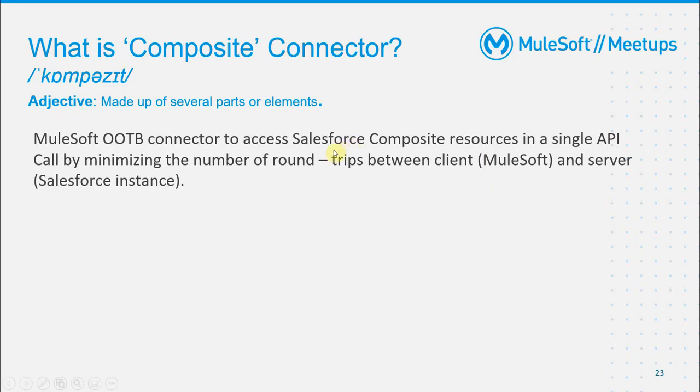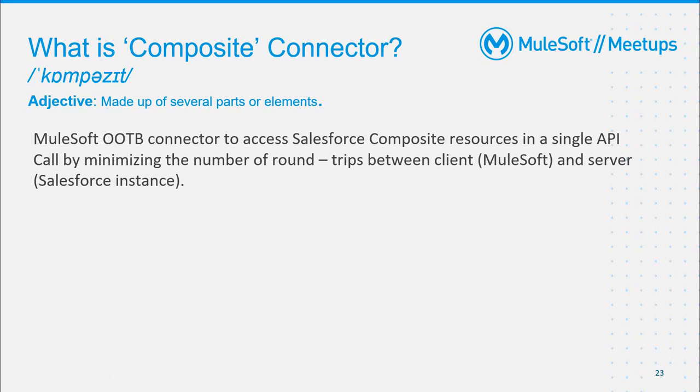But here we'll make only one call with all the requests and sub-requests in our payload, and we'll leave the rest to Salesforce. Salesforce will internally call contact and other objects to create the relationship and the other payloads.